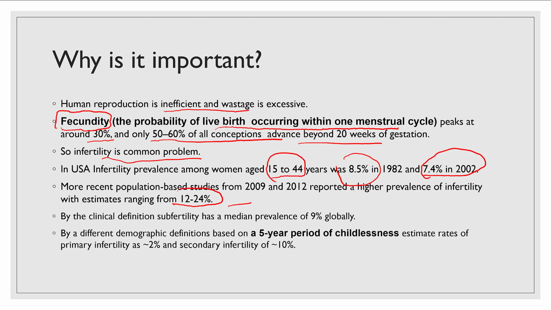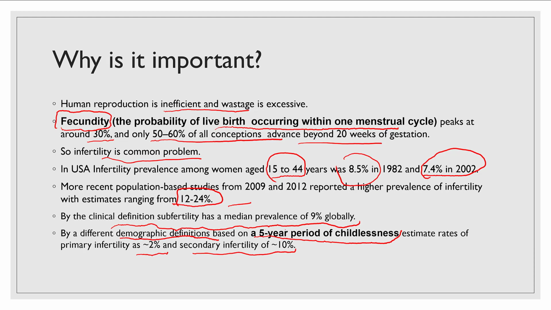So we can say roughly about 10% of the population will have some problems. By clinical definition, it is about 9%. But if you use a different demographic survey-based definition of absence of children after 5 years of marriage or attempting, then primary subfertility is around 2%, secondary subfertility is around 10%.